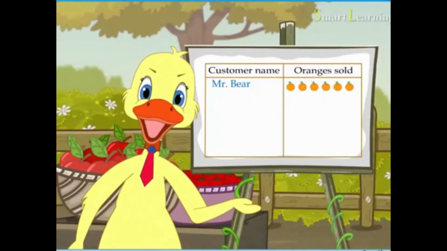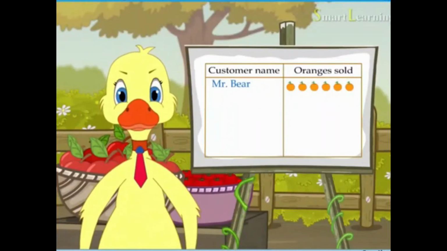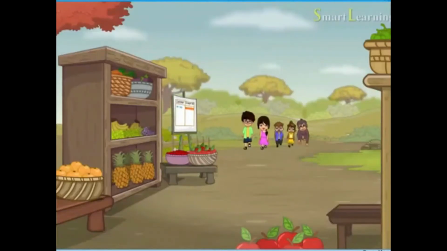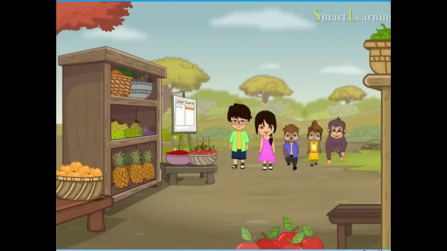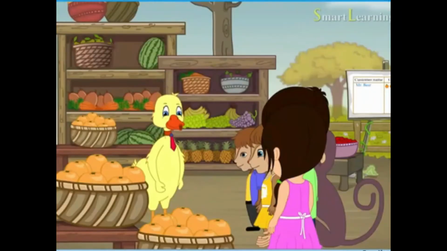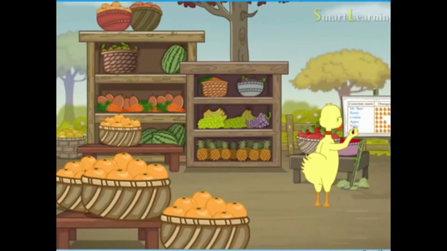Instead of writing a number, he draws those many oranges. Oh, look! Bunty, Cookie, Appu, Tinky and Gattu have also come to Mr. Duck's shop to buy oranges. Mr. Duck again draws the number of oranges taken by each of them.